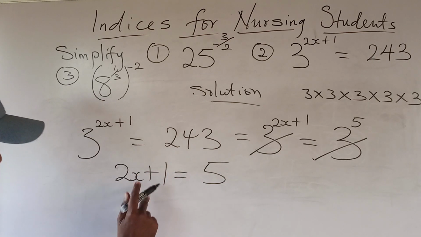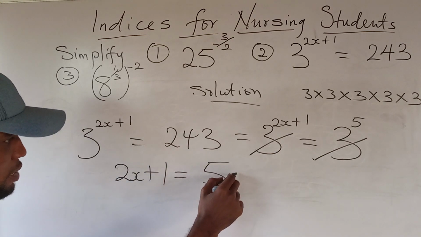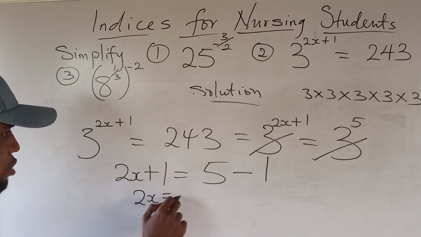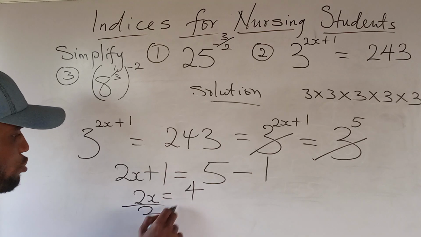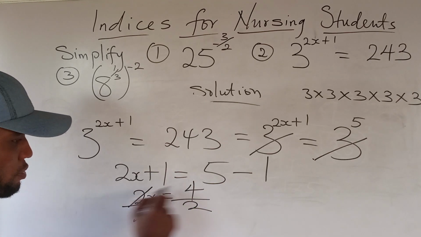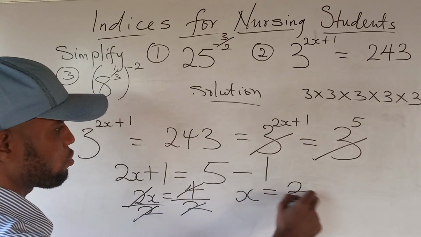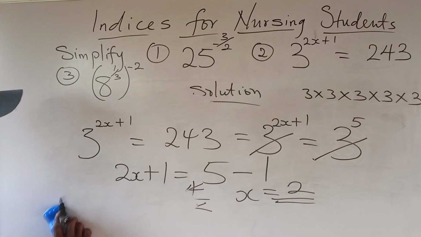You are going to take this plus 1 and cross over to this side. It becomes minus 1. So here we have 2x equal to 5 minus 1, which is 4. So divide both sides by 2. So 2 will cancel this. So x is equal to 2, because 2 goes into 4 2 times. So that's the answer to question number 2.